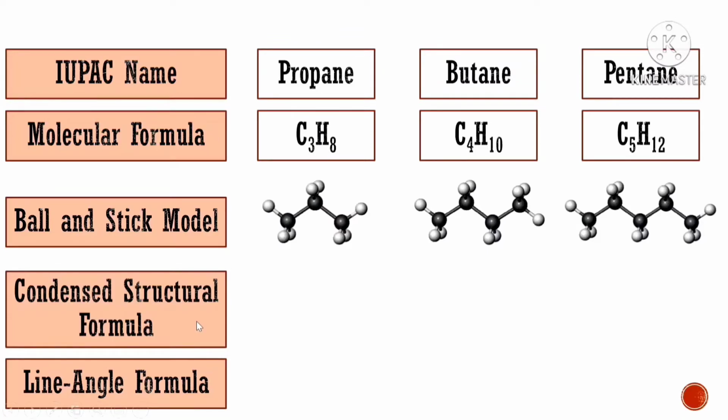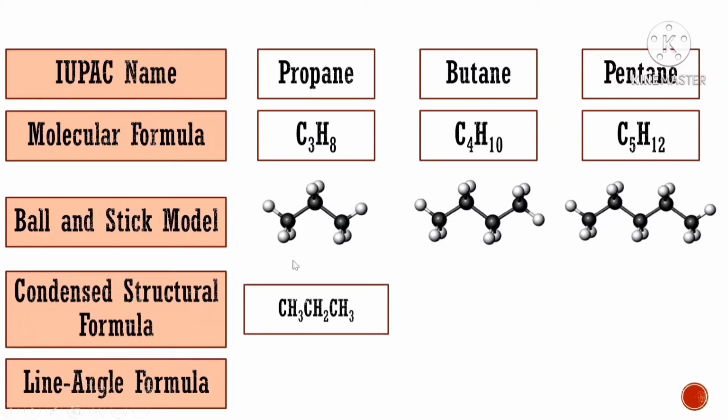Next, we proceed with condensed structural formula. This shows the order of atoms like the ball and stick models above, but are written in a single line to save space and make it more convenient and faster to write. It shows the hydrogen atoms right next to the carbon atoms to which they are attached.